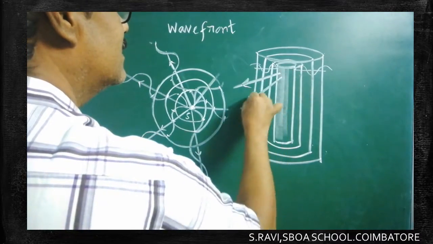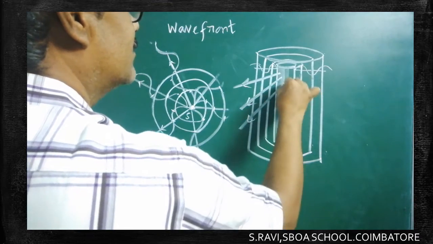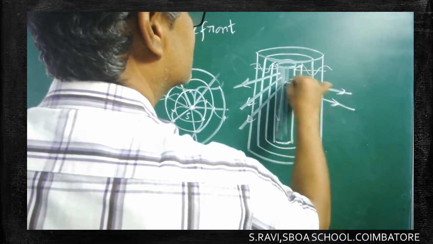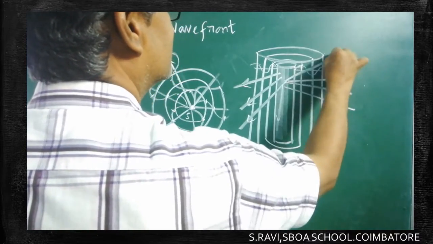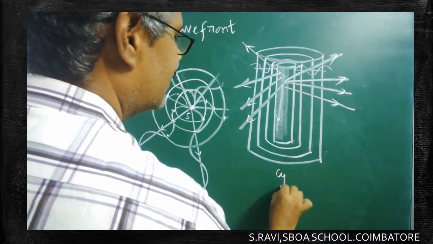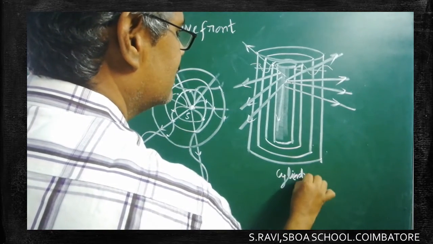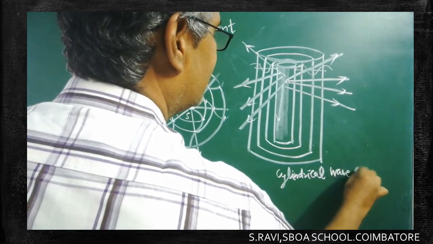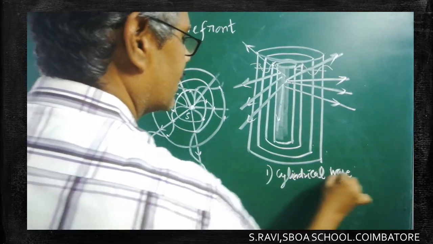They are all divergent rays which are originating from the source. So nearer to the source, what kind of rays could be seen? Nearer to the source, divergent rays could be seen and cylindrical wavefronts are created by the cylindrically shaped source. The cylindrical wavefront is created very close to the source. Are you clear?